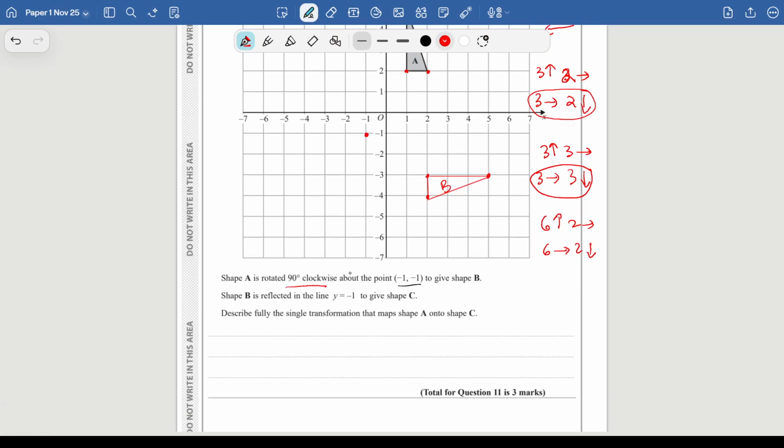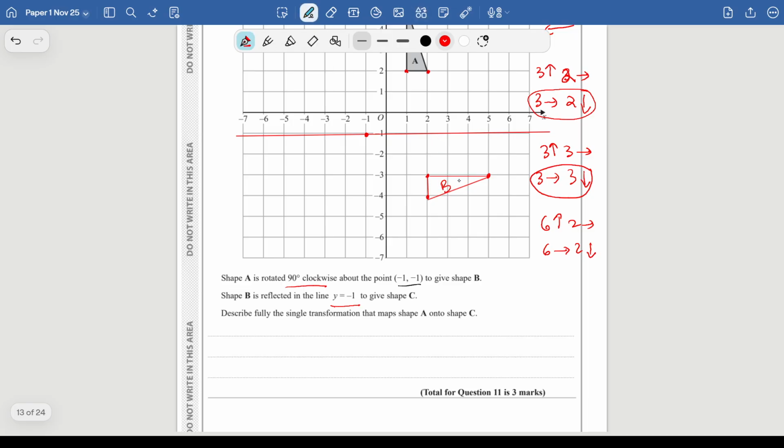That's totally okay. Now shape B is reflected in the line y = -1. The line y = -1 cuts the y-axis at -1, so that should be the line. This is the line y = -1, and you have to reflect shape B in this line.